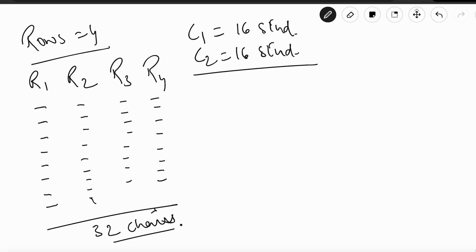So if we allocate row 1 to C1, then in all the 8 chairs only students of the same class could sit. Either C1 is allocated row 1, then students of class C1 could sit, or if C2 is allocated row 1, then students of class C2 could sit here.